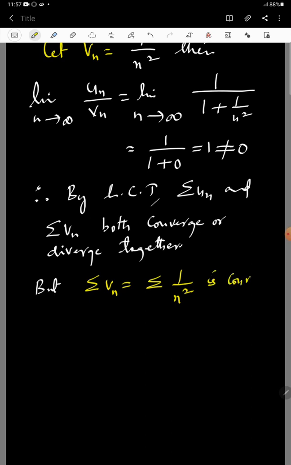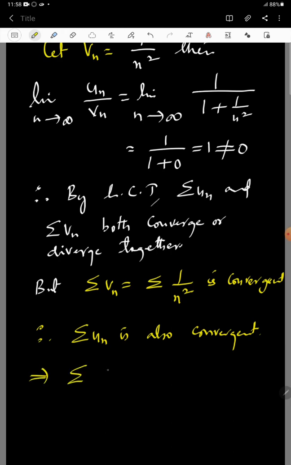As per p test, p value is equal to 2 and it is greater than 1. Sigma vn is sigma 1 by n square, that is convergent. Therefore, sigma un is also convergent. Convergent implies sigma 1 by n square plus 1, that is nothing but sigma mod an is convergent.